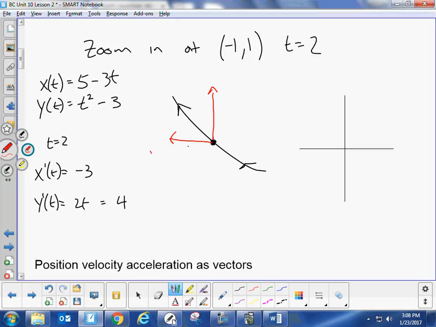Okay, this is dx dt at t equals 2, which is -3, and this is dy dt at t equals 2, which is 4. Okay. Well, if you add those two vectors together, what you will get is this third vector here, which is tough to do.